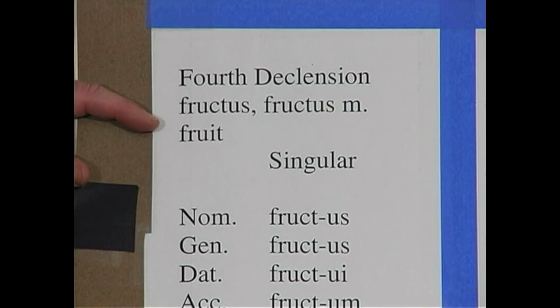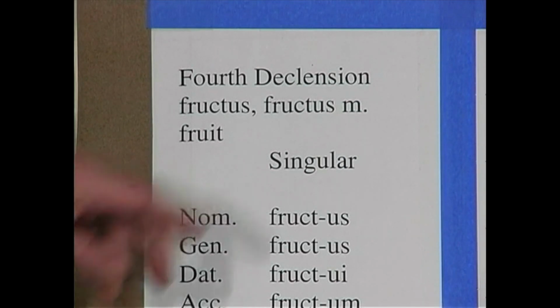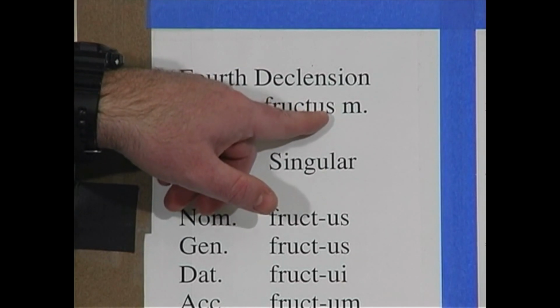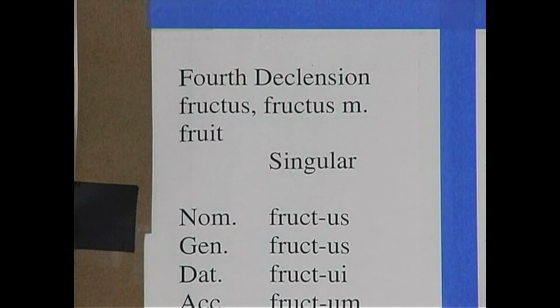Our model masculine noun will be fructus, fructus, masculine, fruit. Please repeat. The us in the genitive singular indicates that a noun belongs to the fourth declension. Us in the genitive singular.